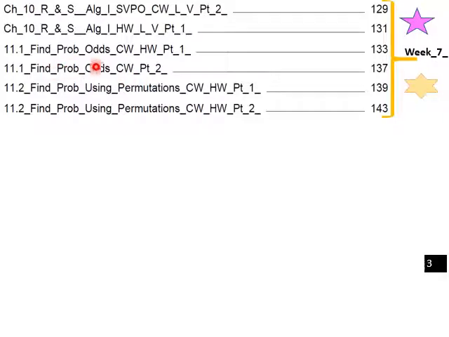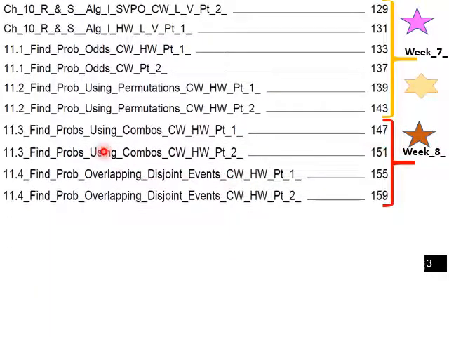And then we go into chapter 11, finding probability of odds, finding probability using permutations, part 1, part 2. And then week 8, there's another quiz. After getting into probabilities using combinations, and then finding probabilities using overlapping and disjoint events.